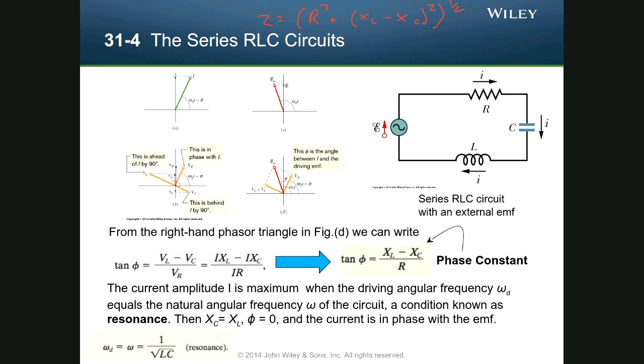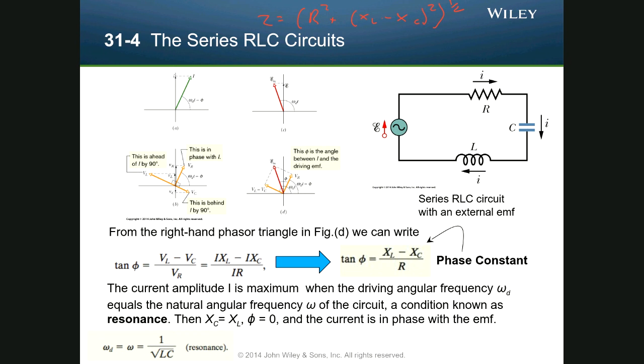So what they essentially do is they build that up here, where they have your resistance and your VL minus VC. Where's the triangle? I'm not even going to try and do it with the phasors, to be honest with you.